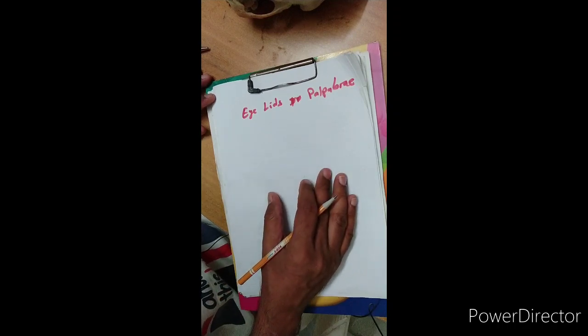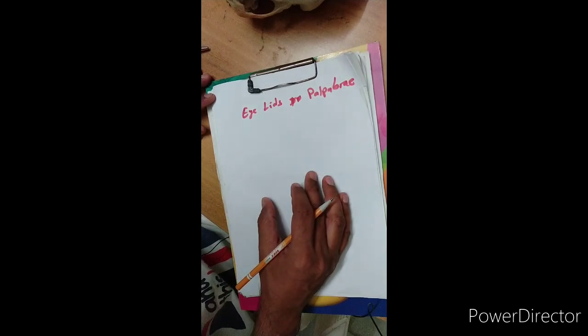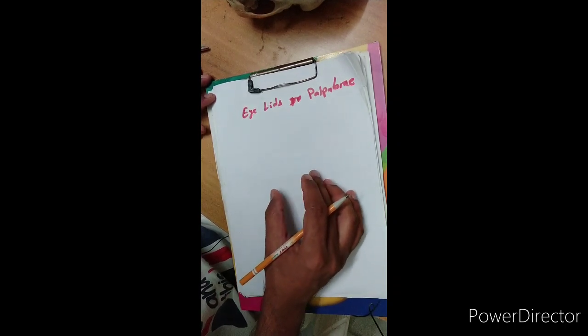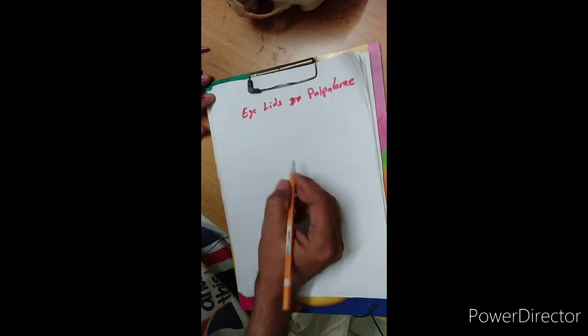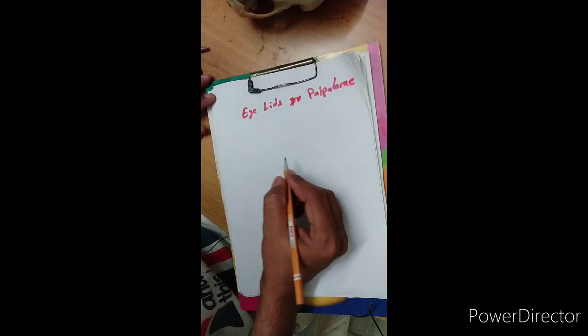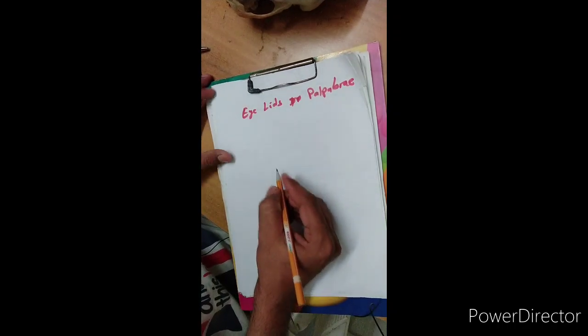Clear? Now, of the two eyelids, the upper eyelid is more movable and slightly larger than the lower eyelid. These eyelids prevent injury to the eyeball and control bright light entering the eye.